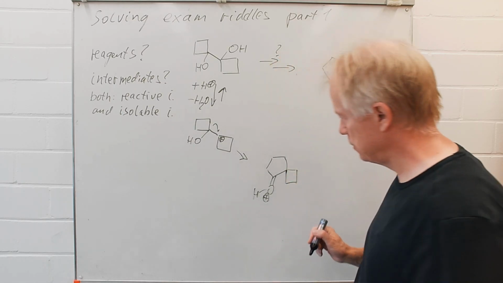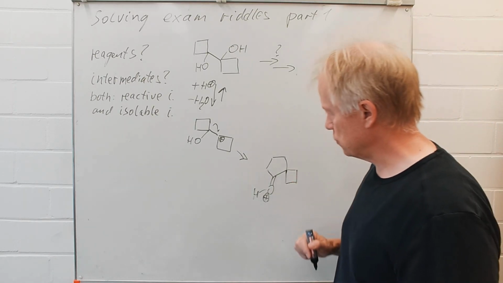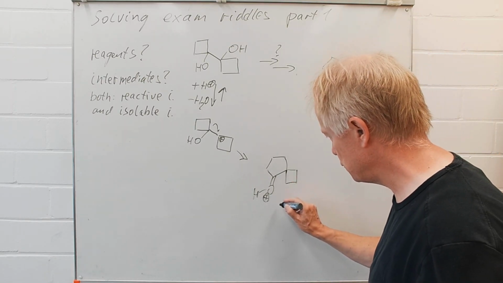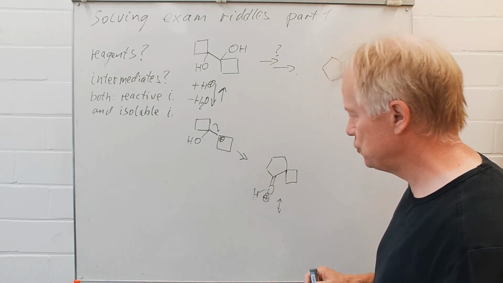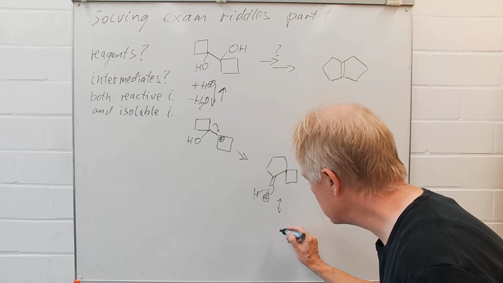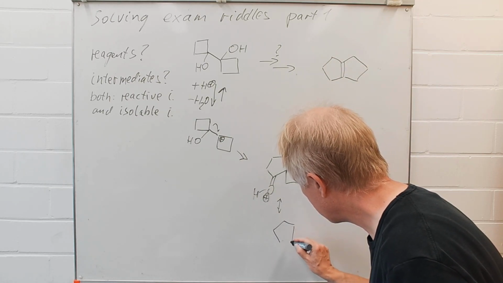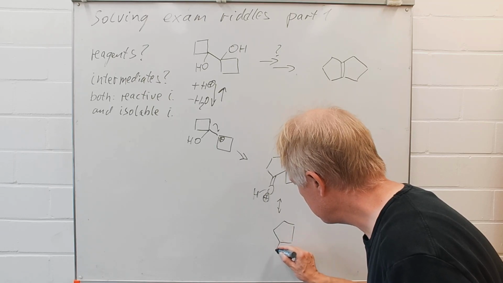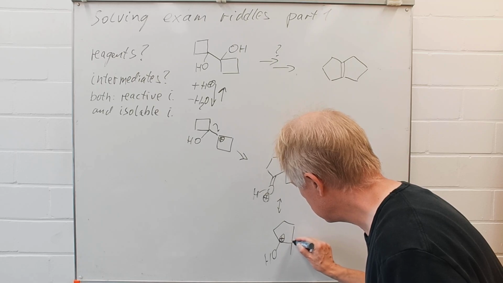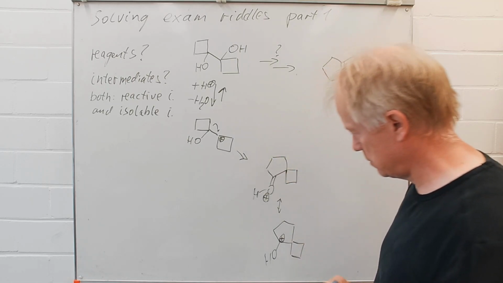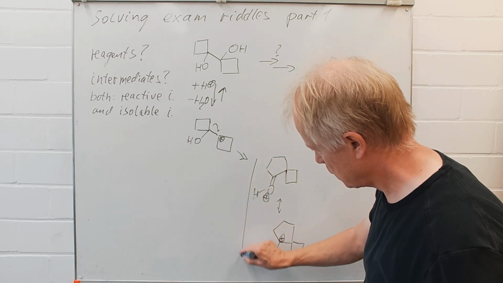and leading to this spirocyclic system, here mesomerically stabilized, with this cation, carbocation, as one mesomeric structure.